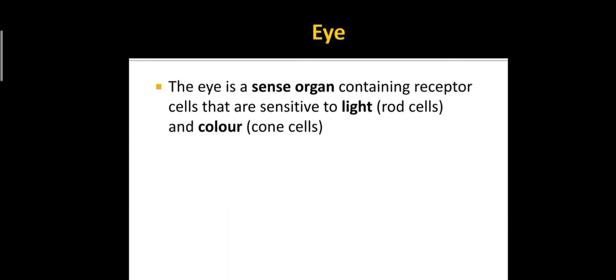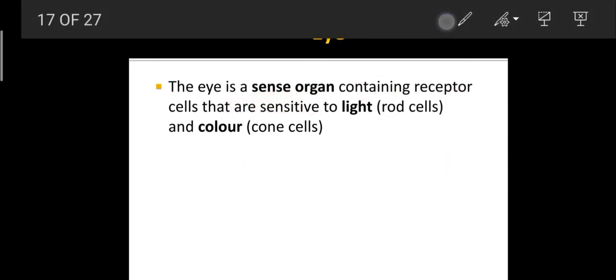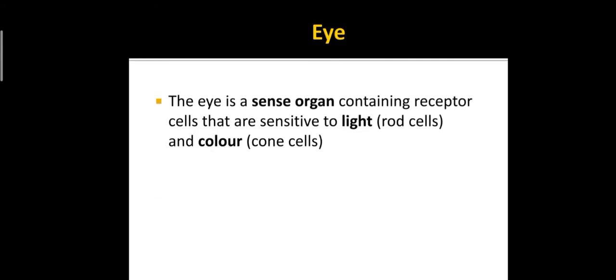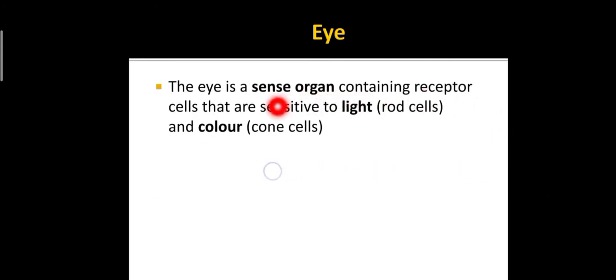Now we'll talk about the structure of the eye. As we know, the eye is a sense organ. It contains the receptors that are sensitive to light and color.